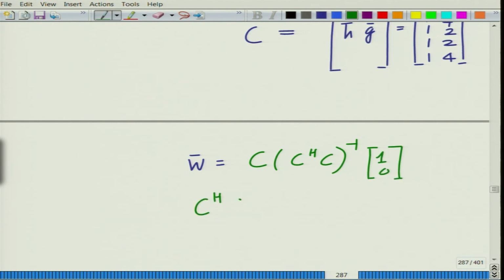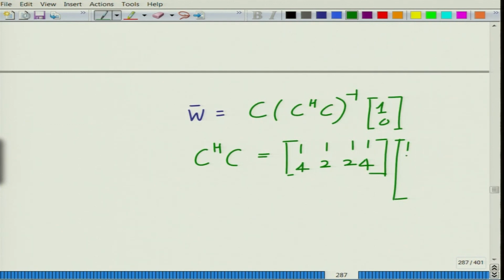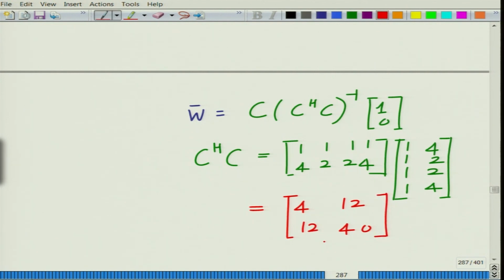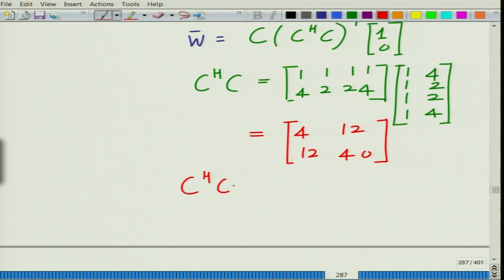So, let us first form C Hermitian C. C Hermitian times C, that is 1 1 1 1 4 2 2 4, which is equal to 4 40 12 12, and therefore C Hermitian C inverse is equal to 1 over the determinant, 40 into 4, 160, minus 12 into 12, 144, that is 16.